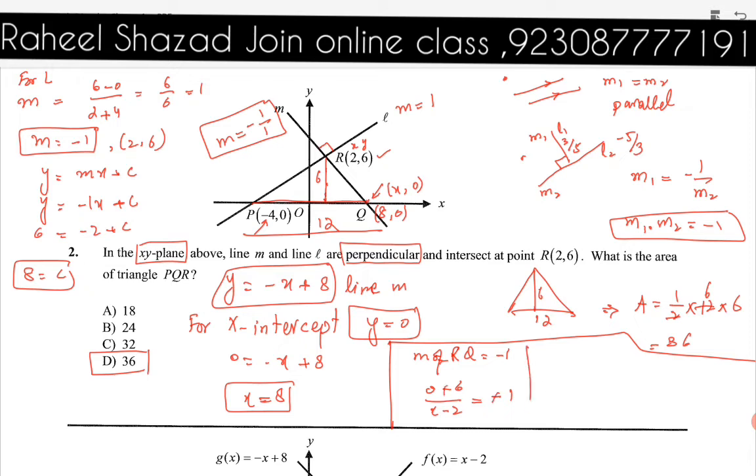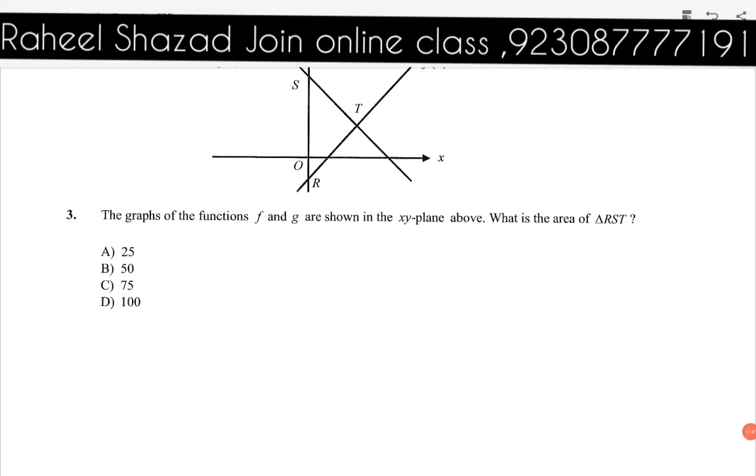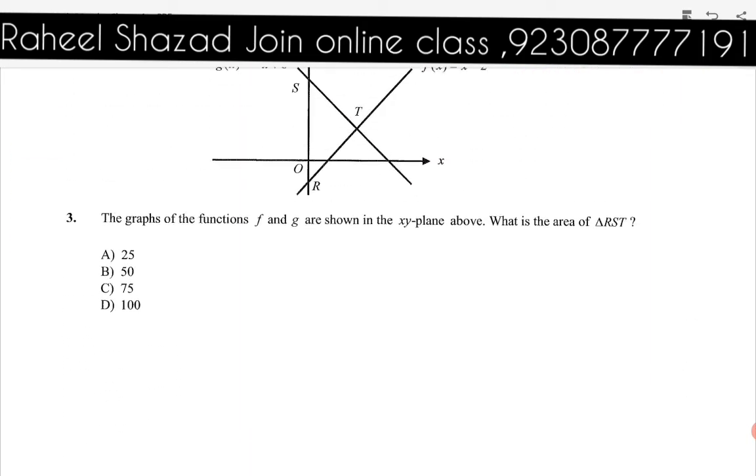This will be cancelled out, that means 6 is equal to x minus 2 and x is equal to 8. So by any means you can find x coordinate, then this is base of triangle and this is your height. We can easily find its area. Done? Okay, now let's come to next question.